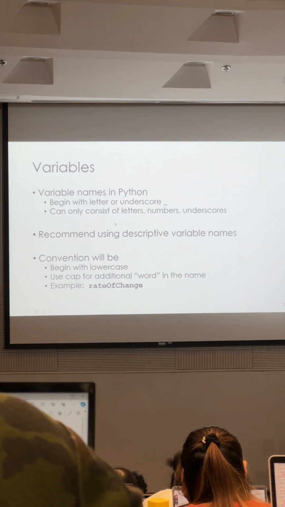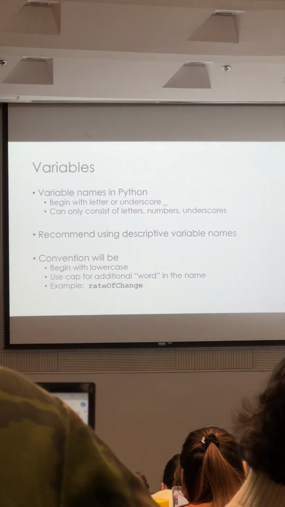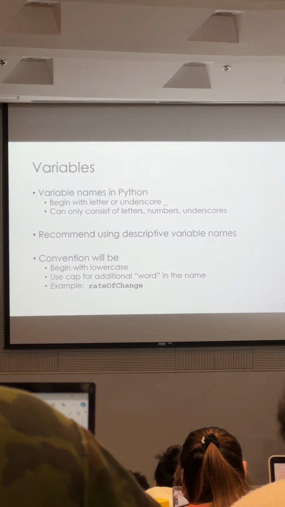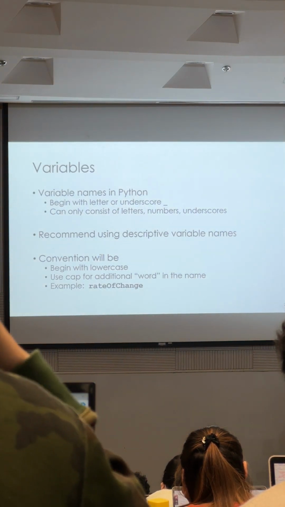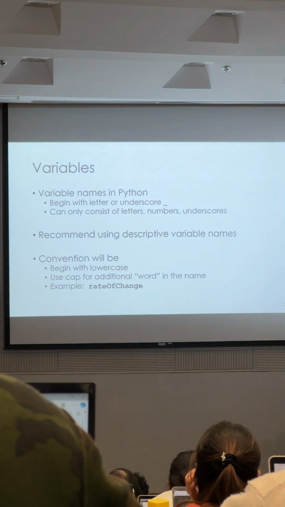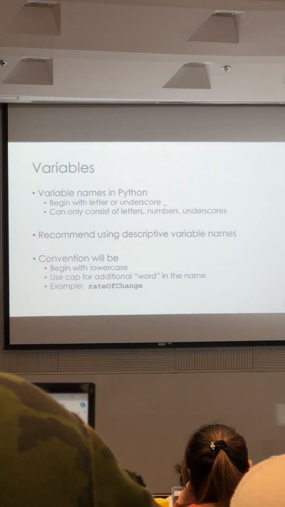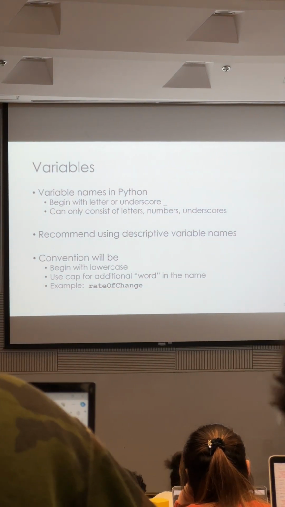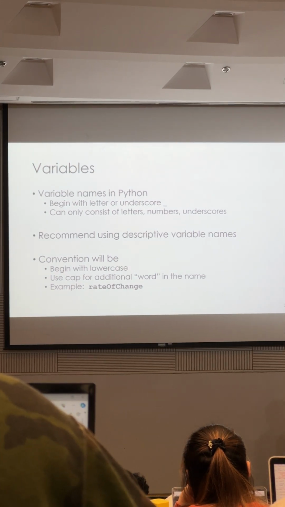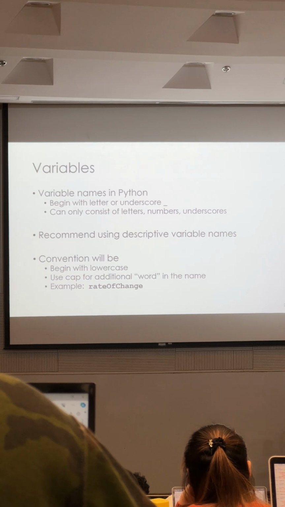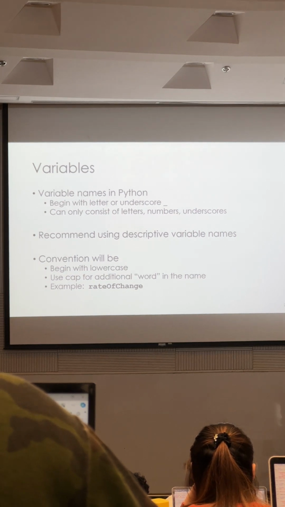Okay. So there are very important rules. Variable names in Python begin with a letter or underscore. And the name of a variable in Python can only consist of letters, numbers, and underscores. If you want to include a percent sign, that's not possible. Okay? And I recommend you guys use descriptive variable names.